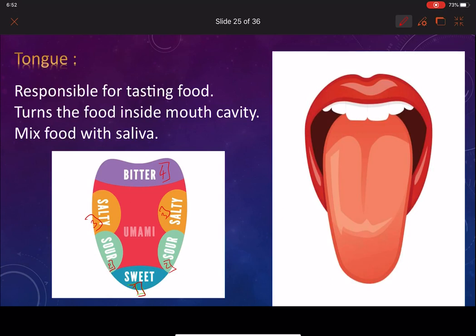Okay? Sweets like candy, sour like lemon, salty like salt, bitter like orange or pepper.